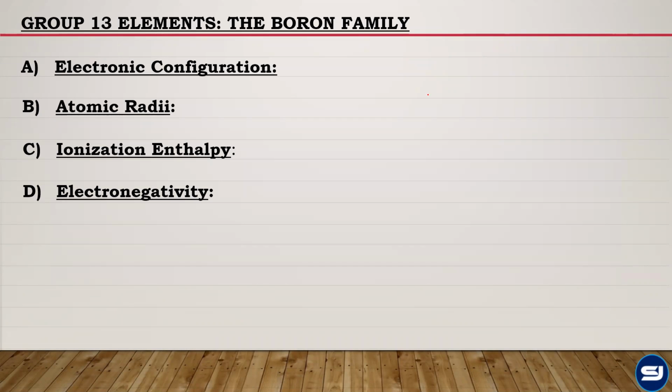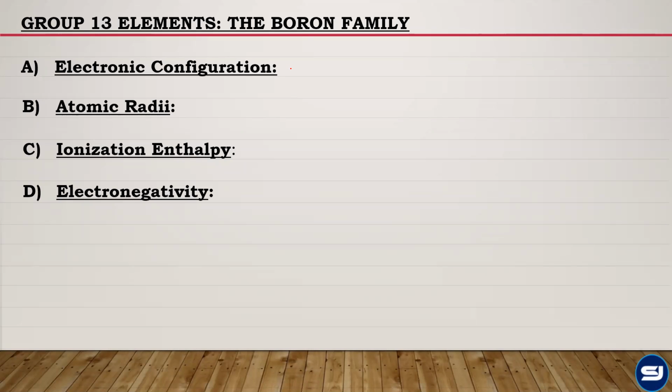So now starting with the group 13 elements, the boron family. The general electronic configuration for the boron family is ns2 np1. Perfect.